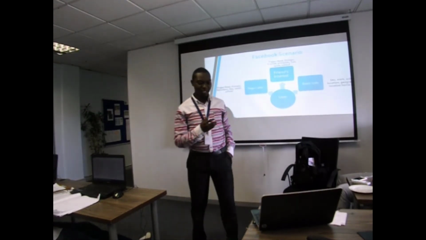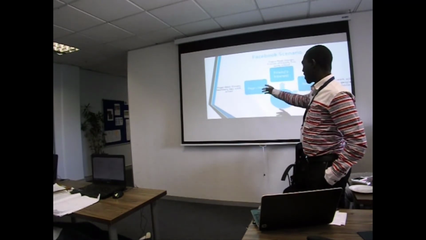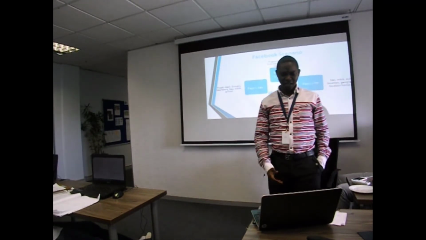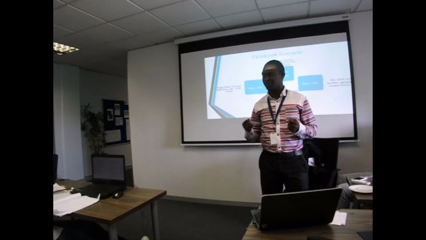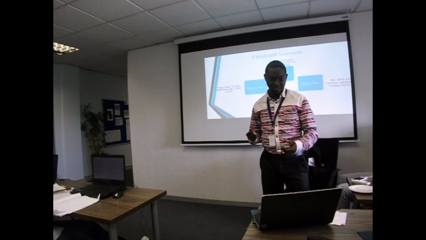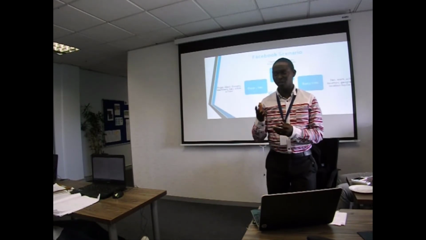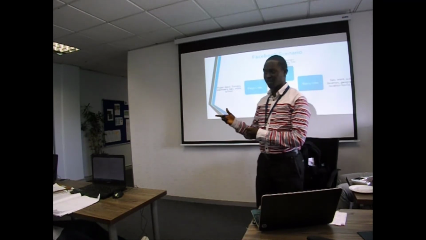Now the Facebook scenario, let me quickly explain this. As you can see on the diagram, we have a user here, and some things are being collected from the user. And on the other side, we have page likes. If a user likes a particular page, don't think that they don't know. They know that you like this page.